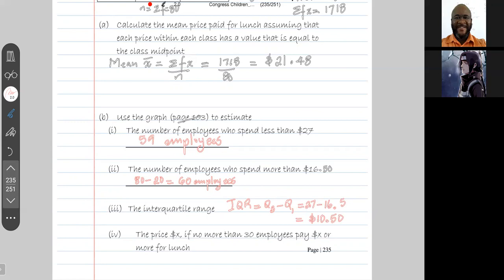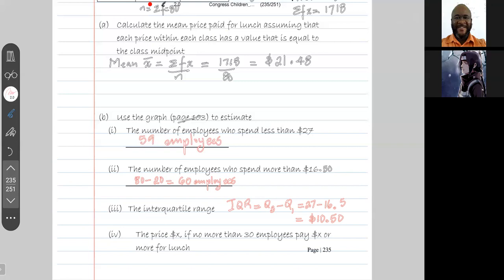So if no more than 30, we are talking about the top 30, because the persons who spend the most are at the top of the graph. So we want an amount that no more than 30 people spend more than.